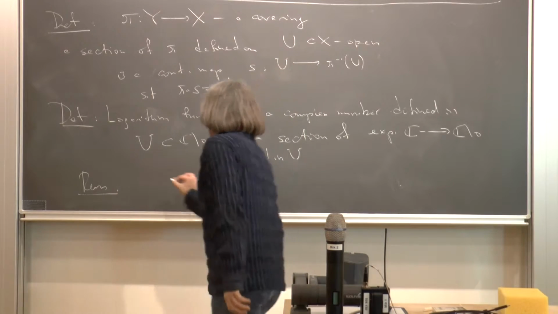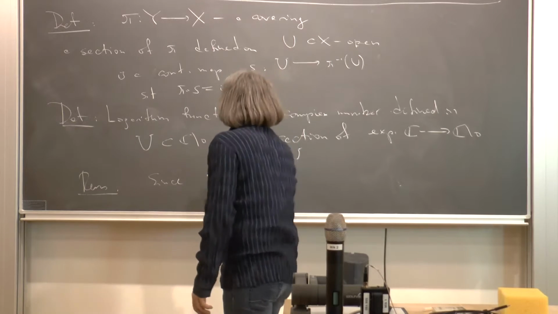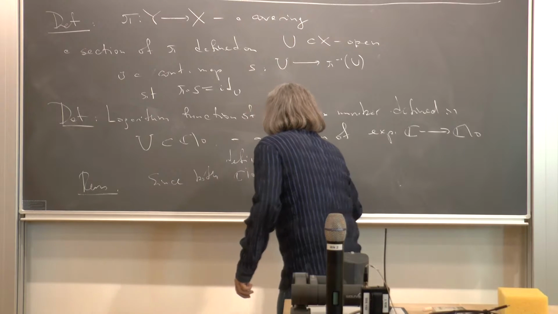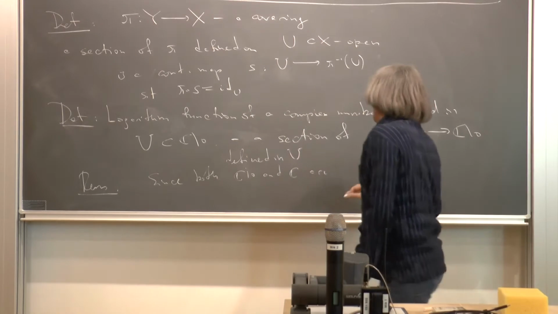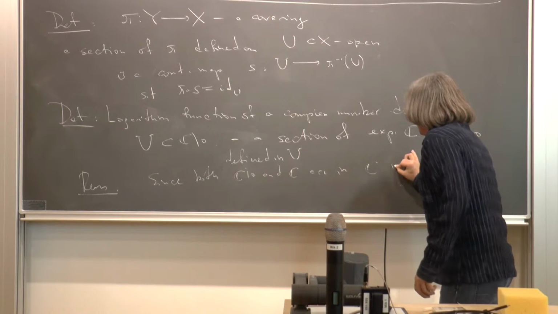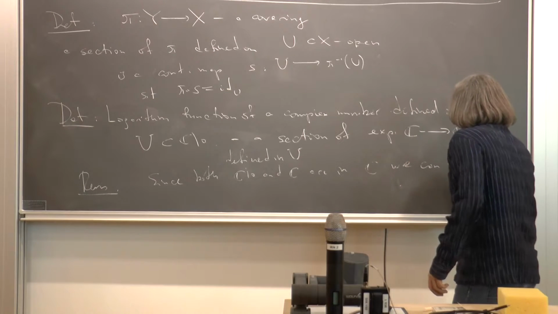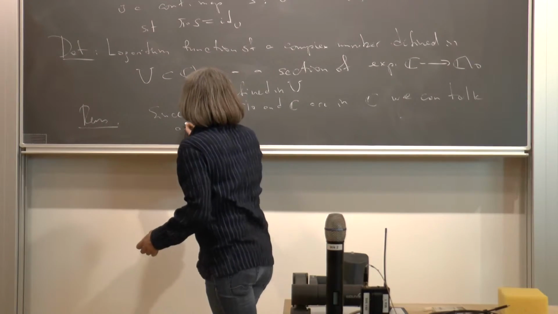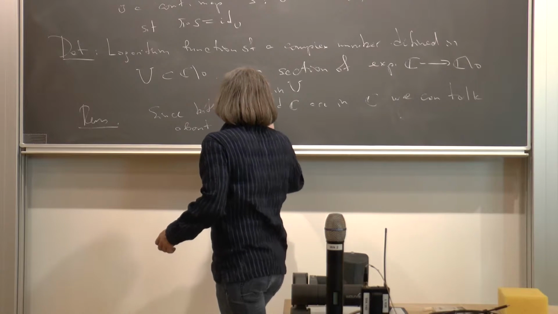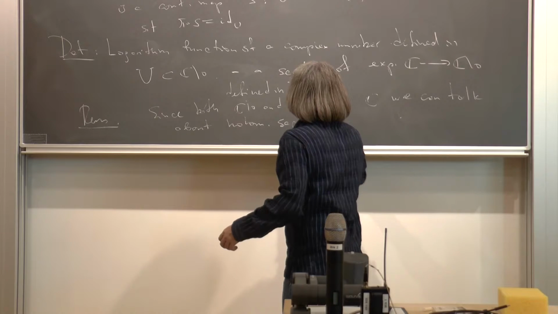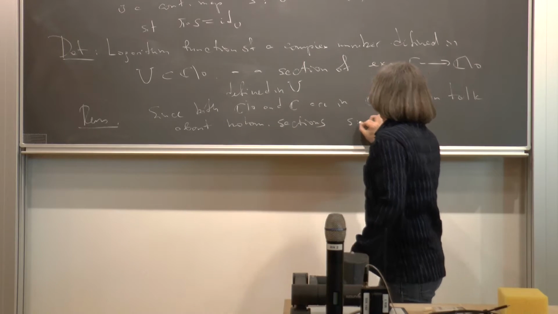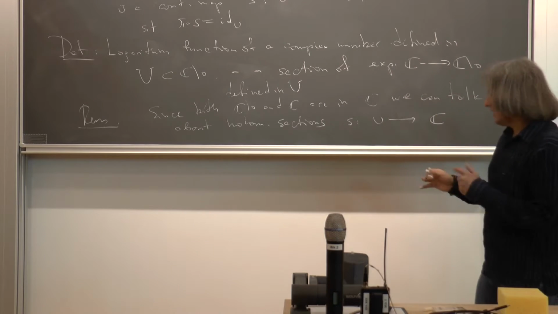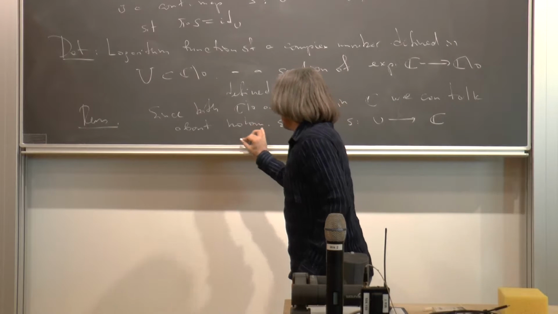Since both C without zero and C are in complex numbers, we can talk about holomorphic sections. S from U to complex numbers, and such will be a holomorphic logarithm.